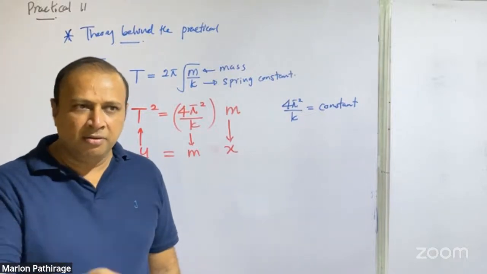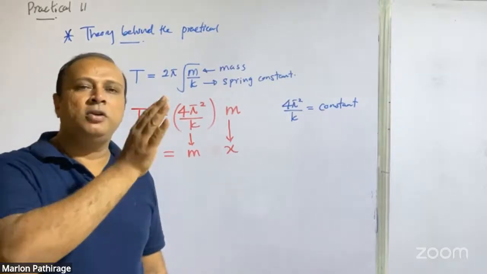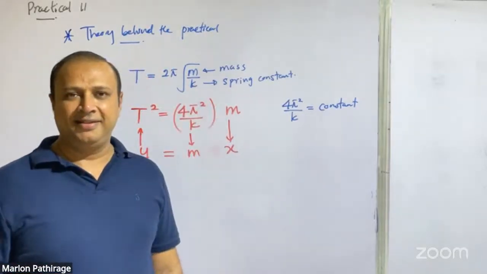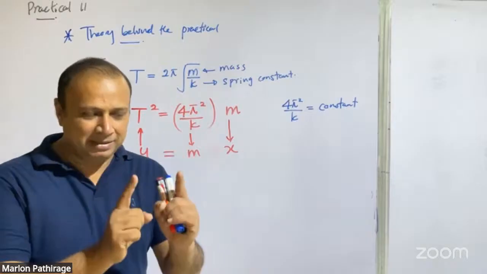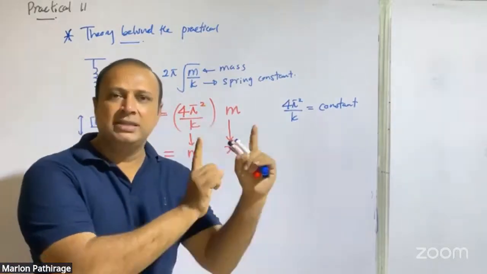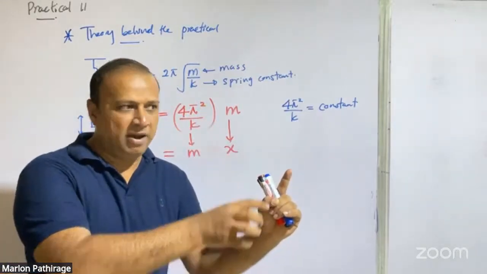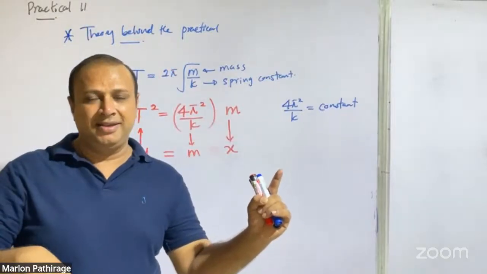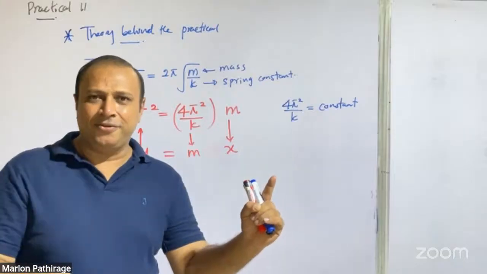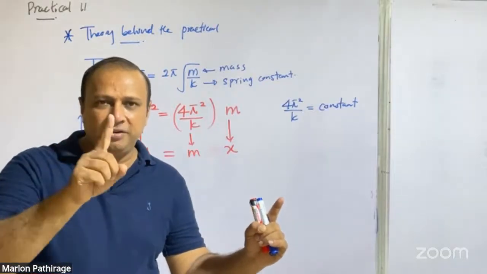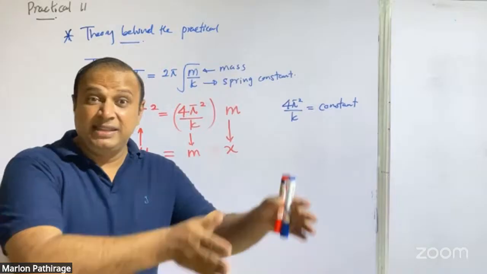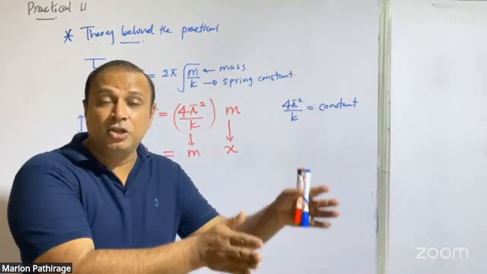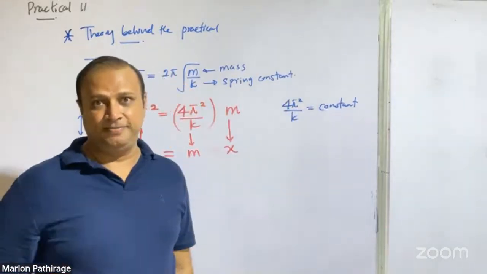Then by changing that variable you are going to measure another variable. In practical you are going to change some variable. By changing that variable you are going to measure another variable. Therefore the independent variable means the first variable that you are going to change.